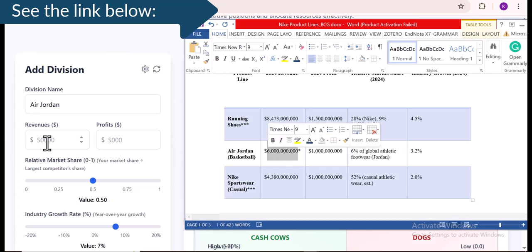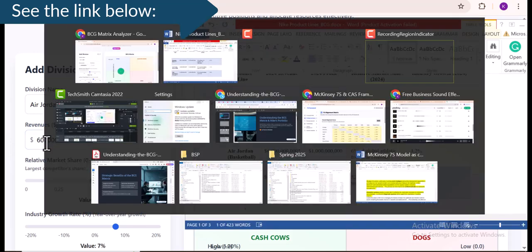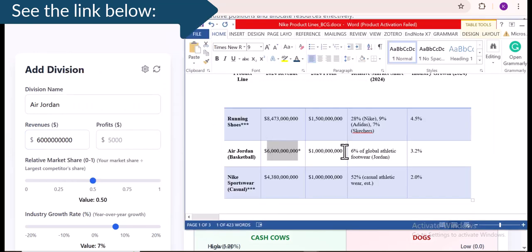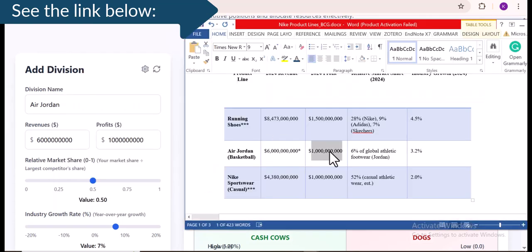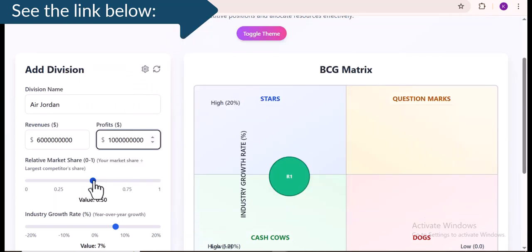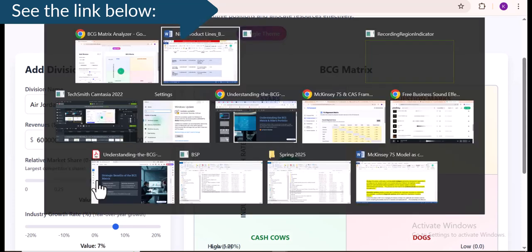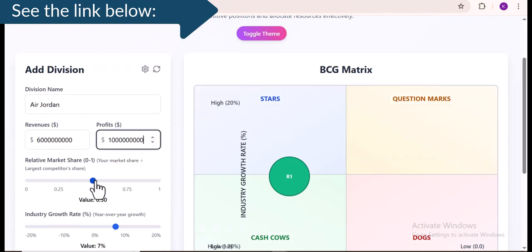Just copy and paste here. The second is the profits. Just copy and paste, and it has 6% market share that you can see. So just change the value, that is 0.60.